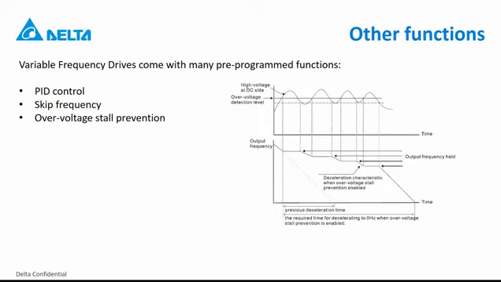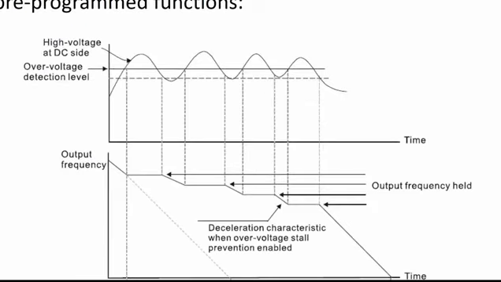What this does is the drive monitors the DC bus voltage. As soon as the DC bus exceeds a certain detection threshold, the drive, you can see here, stops decelerating and just runs continuously. And as soon as the DC bus voltage drops again below a certain level, the drive can start to decelerate once again.